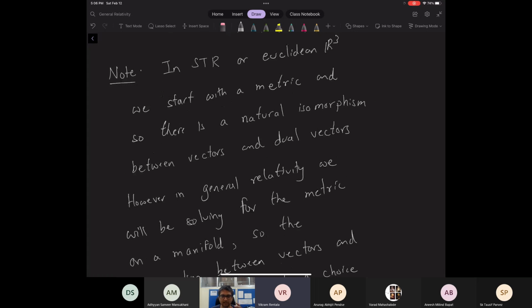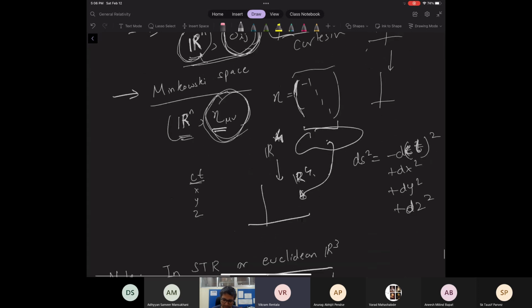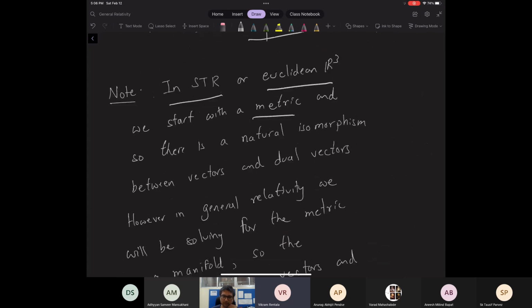Now, the other thing is that you are not familiar with this idea of dual vectors, and the reason is that in special relativity or Euclidean R3, we start with the metric. You already know how to take dot products of vectors, and once you know how to take the dot products of vectors, we've already seen that there's a natural isomorphism between vectors and dual vectors.